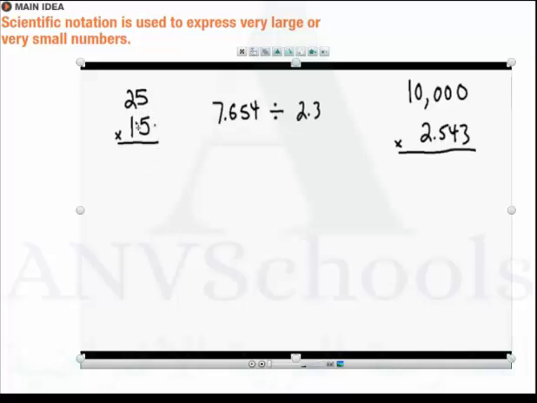So if we are multiplying these two, then our calculator will give us an answer 375. But what happens here is that we have to round off our answer to significant figures.